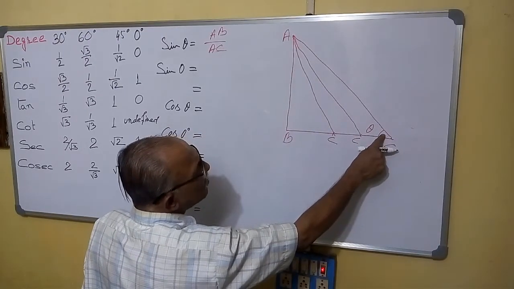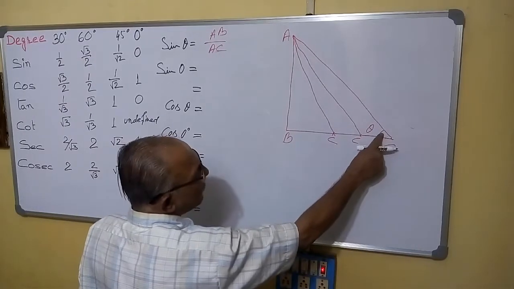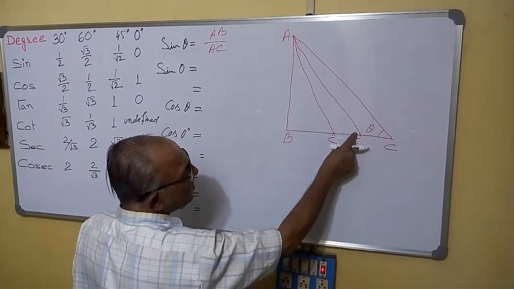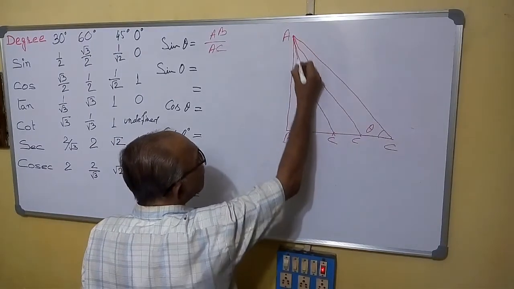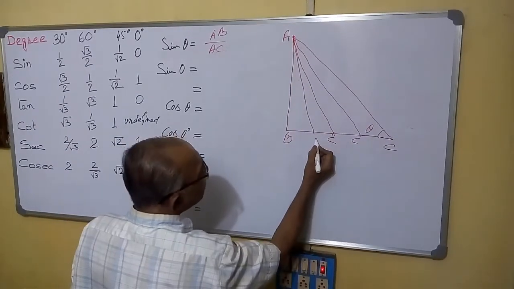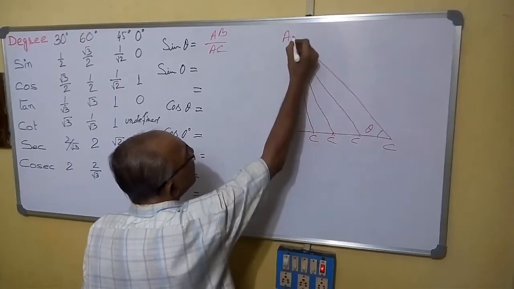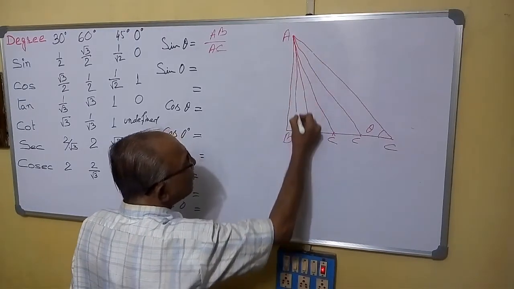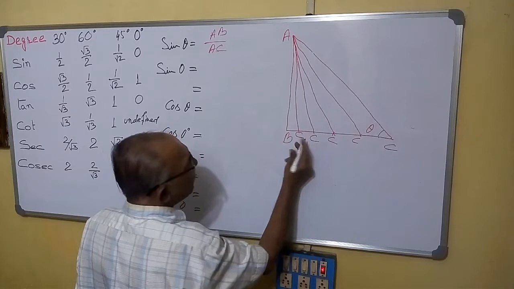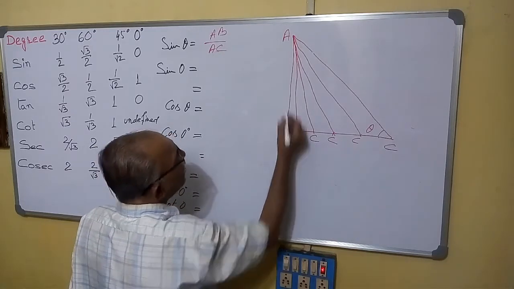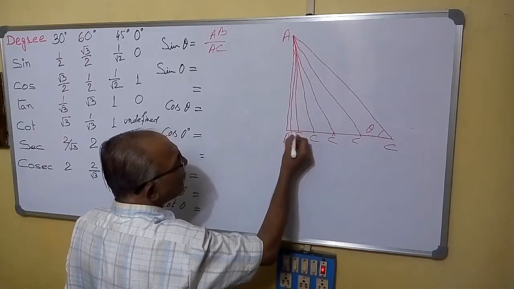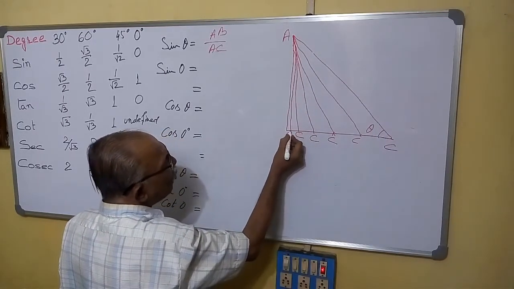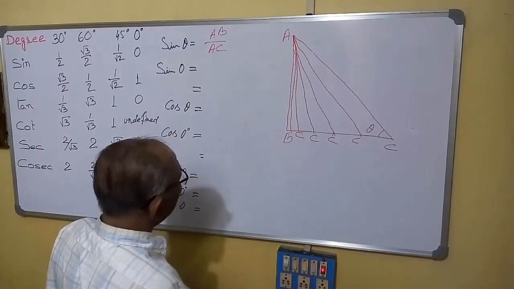Let us assume this angle was 45 degree. Slowly it is increasing, 50 degree, 60 degree. If we bring it further nearer, it may be 70 degree, then 80 degree. In this way, as we bring it closer and closer, it is almost becoming 90 degree.